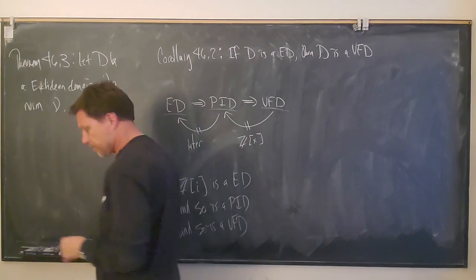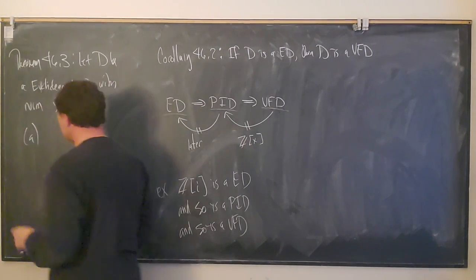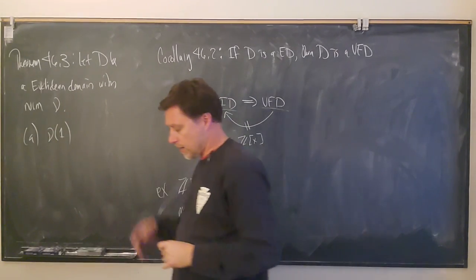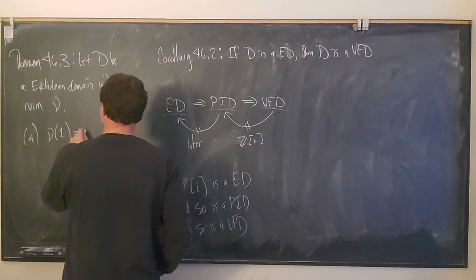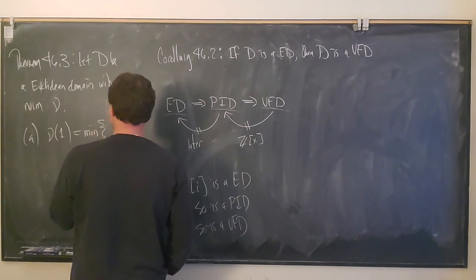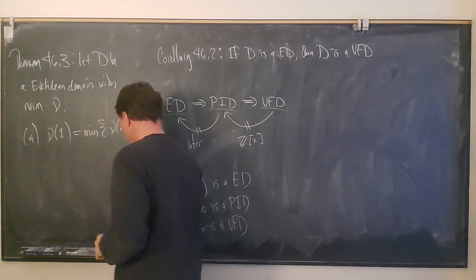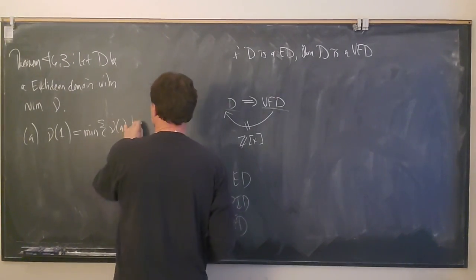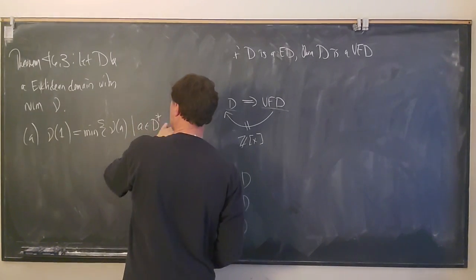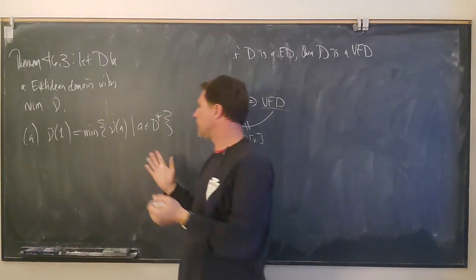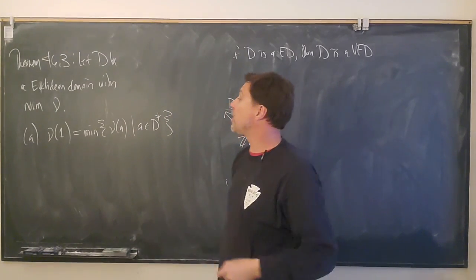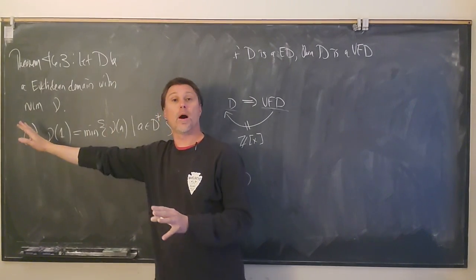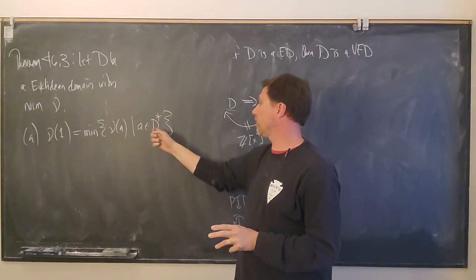There are two parts to this theorem. First of all, part A: nu of 1 is equal to the minimum of nu of a, where a runs through all non-zero elements. You can view it this way: this part A says that the norm of our unity element is minimal amongst all elements of D star.